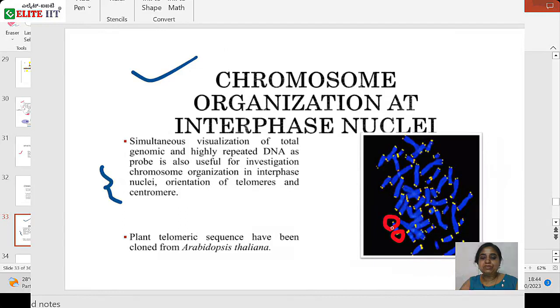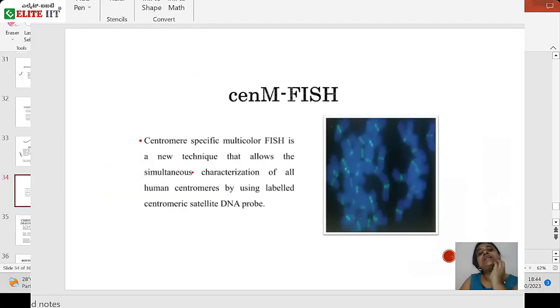Now, plant telomeric sequences have been cloned from Arabidopsis thaliana; this picture is from Arabidopsis thaliana. Centromeres and telomeres can be identified. Centromere-specific multicolor FISH is a new technique that allows the simultaneous characterization of all human centromeres by using labeled centromeric satellite DNA probes.